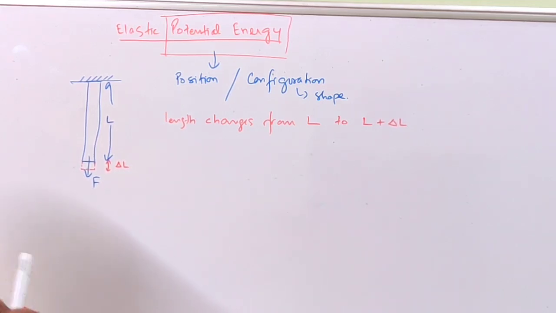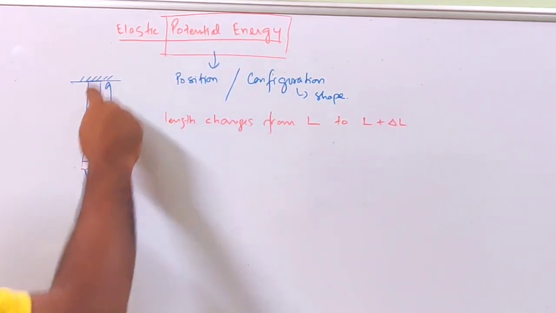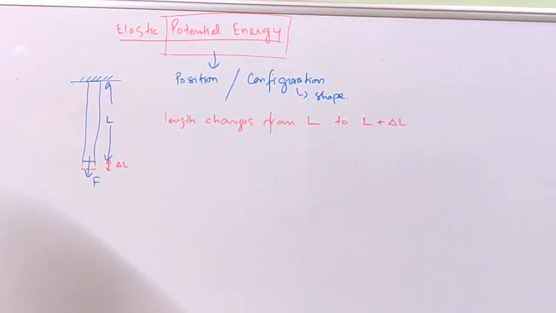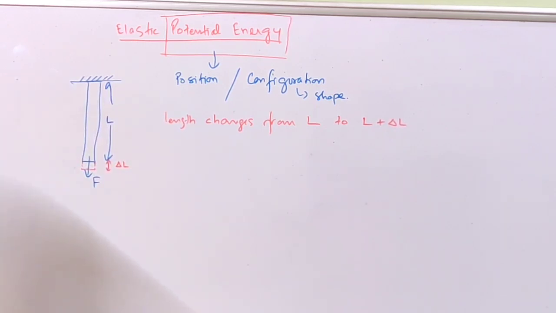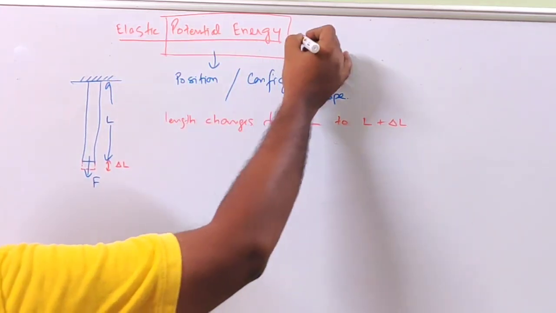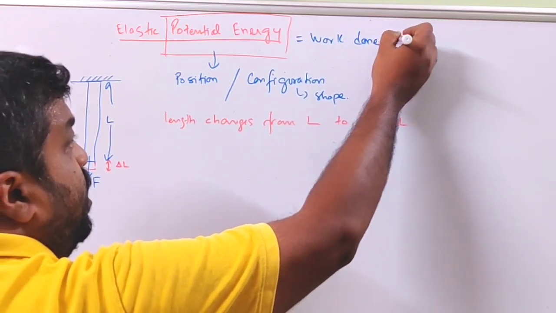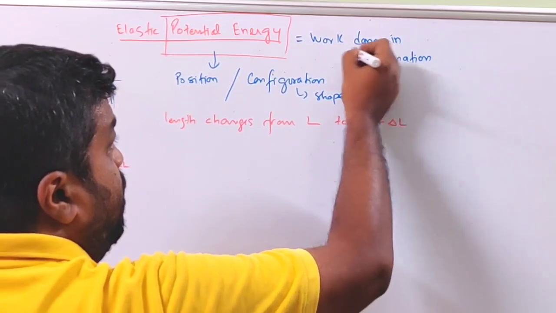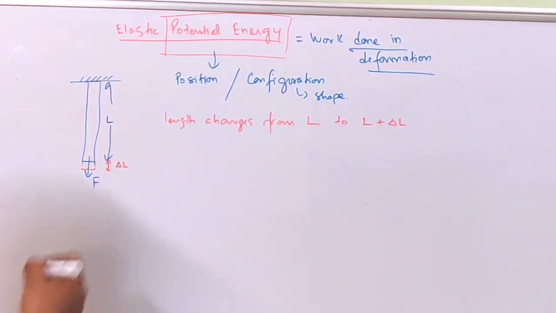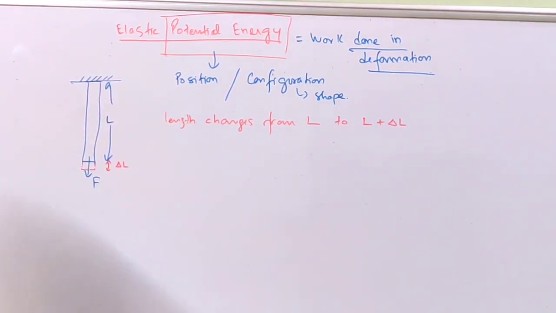That energy is converted into elastic potential energy of this system. We are going to calculate the expression for elastic potential energy, which will be equal to the work done in deformation, that is, to increase the length from L to L plus delta L.